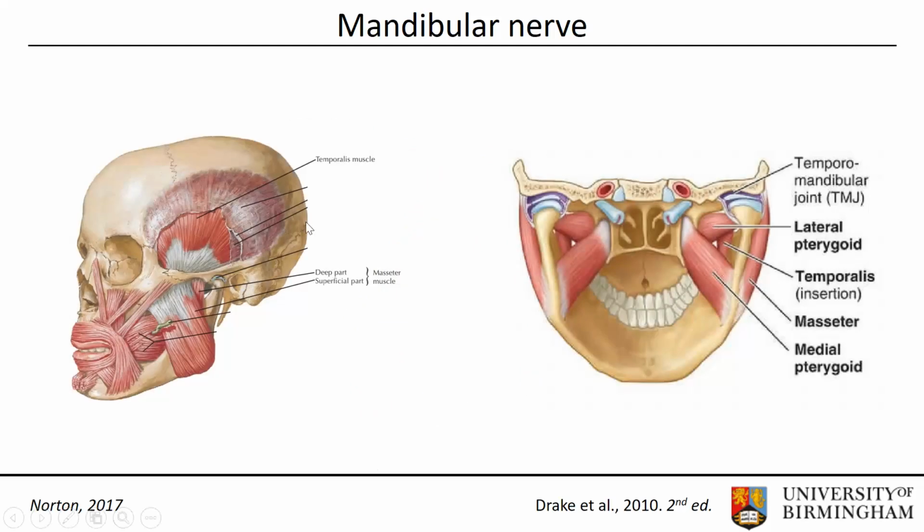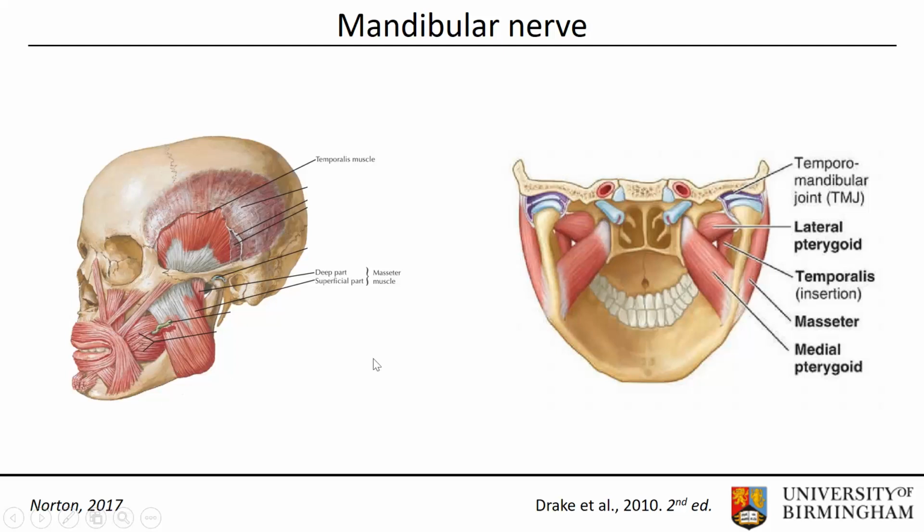So here we have the diagram of the muscles of mastication. Please remember that all the muscles of mastication are innervated by the mandibular division of the trigeminal nerve. The left picture is a lateral view where we can see the two muscles, the temporalis and the masseter.